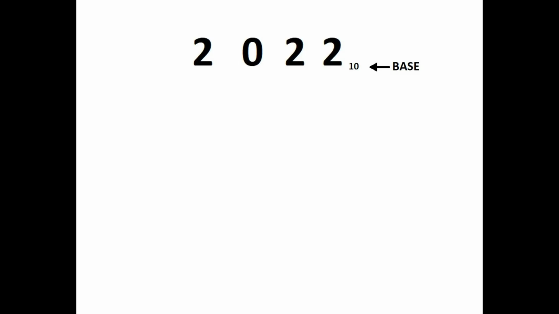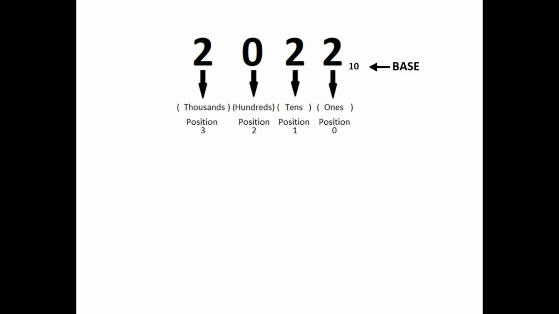So if we have a positional numbering system and the base is 10, we can look at it like this. The place value of each position to the left is more significant by 10 times. Beginning at position 0, the place value is times 1, and then at position 1, the place value is 10 times that. It is times 10. At position 2, the place value is 10 times that again.